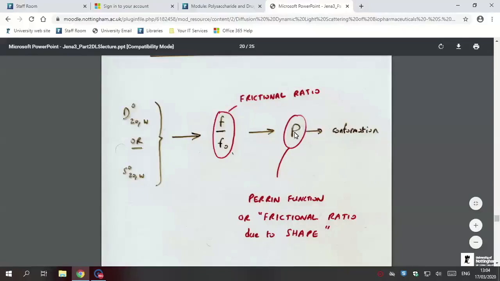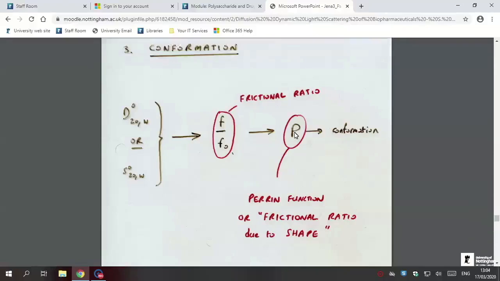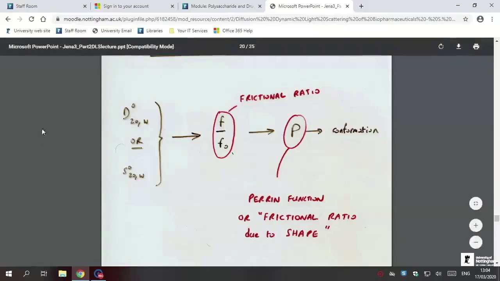And we mentioned this in the antibody biotechnology module, where we were modeling the conformations of antibodies using bead models. And we can get this from either the sedimentation coefficient or the diffusion coefficient.